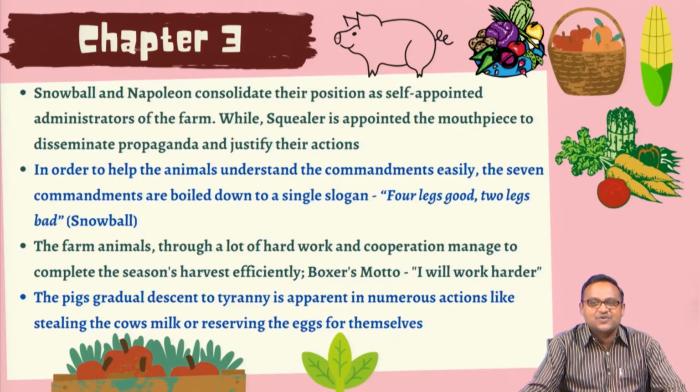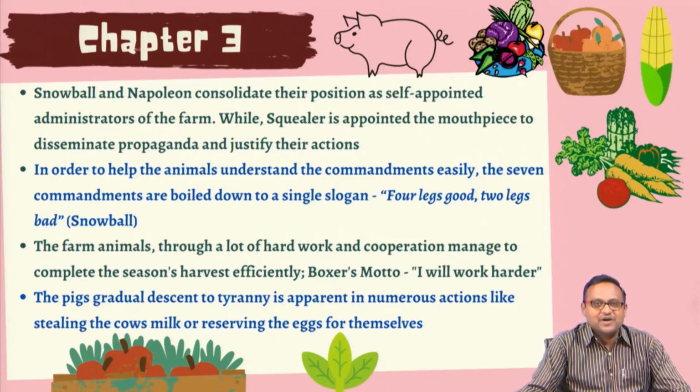As a result of that, they are intellectually superior, it is established. So, now they take up the task of running the farm, providing food for all the animals and establishing some kind of governance, because in the absence of that, how would everybody eat, how would everybody function. So, they take up the task.